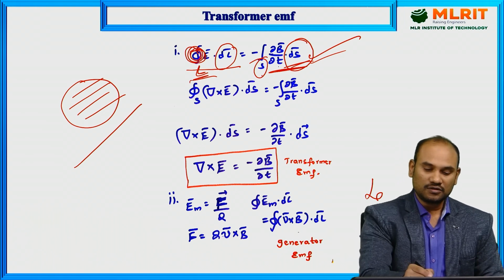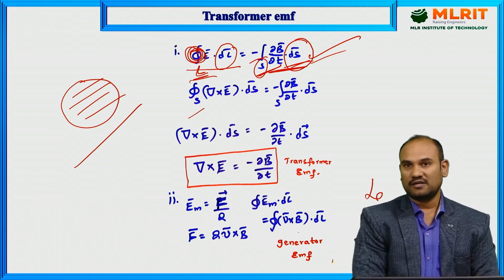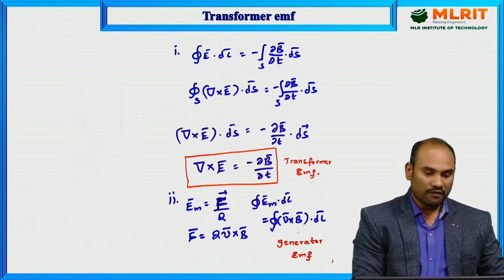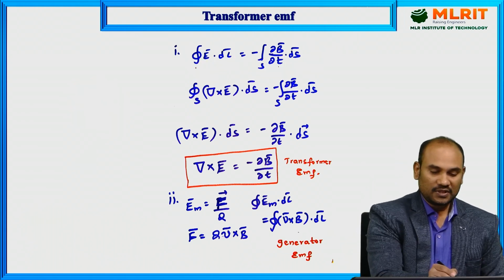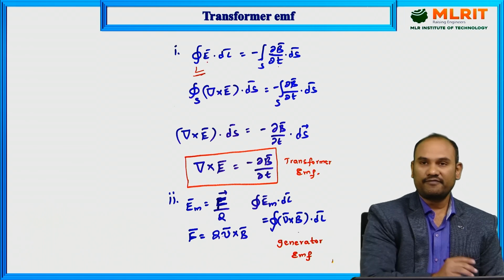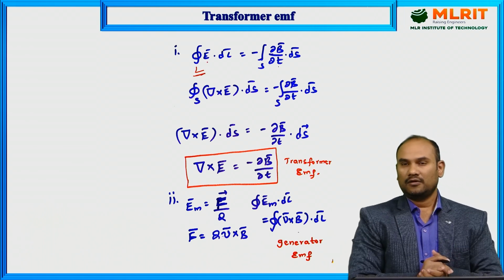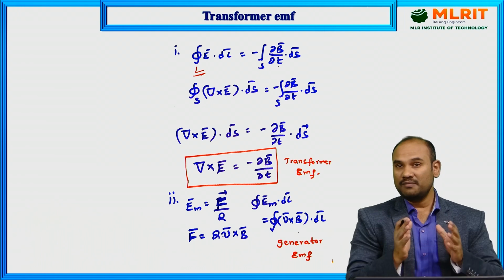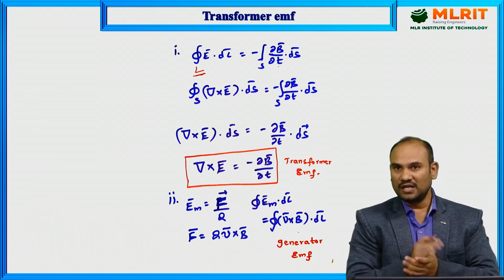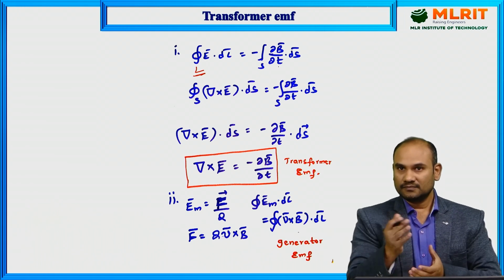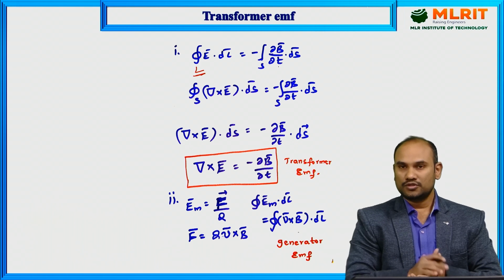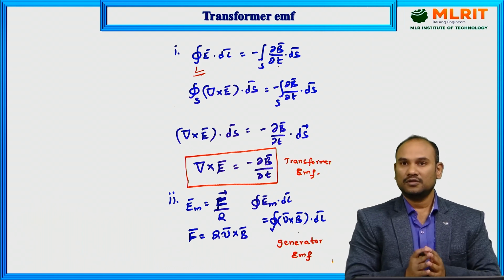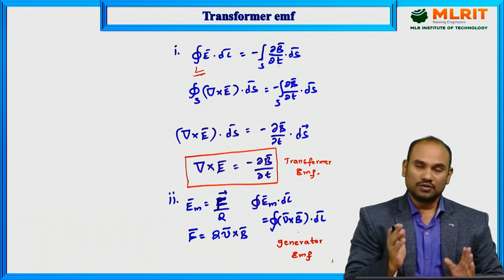Our objective is to convert the closed line integral into a surface integral. There are theorems: Gauss divergence theorem, Stokes theorem, Green's theorem. Which theorem do you use to convert a line integral to a surface integral? Yes, Stokes theorem. It converts a closed line integral into a surface integral. So what does Stokes theorem say?